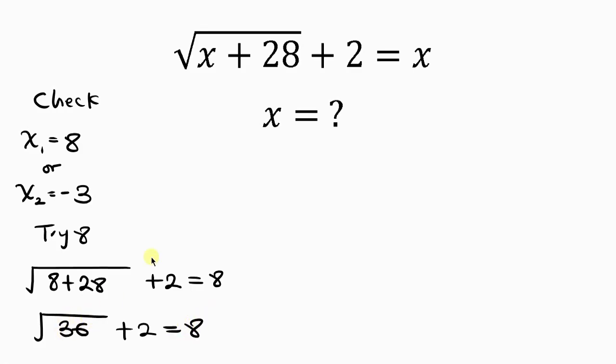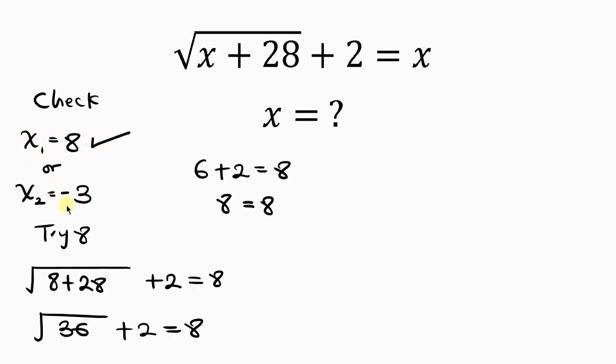The square root of 36 is 6, plus 2. This is equal to the right-hand side, 8. Notice that 6 plus 2 is 8, and this is equal to the right-hand side, 8. So this is a tick. This is a correct solution.